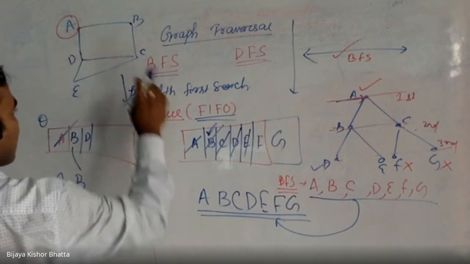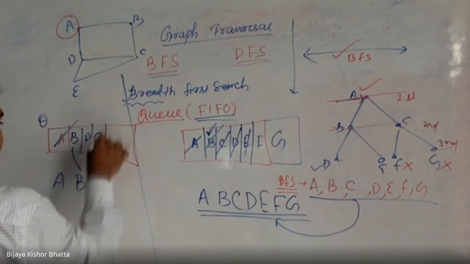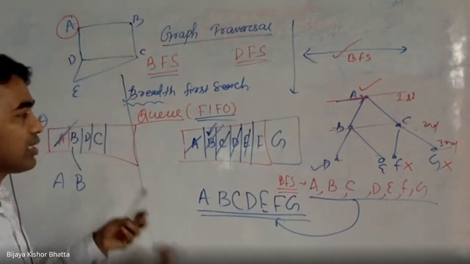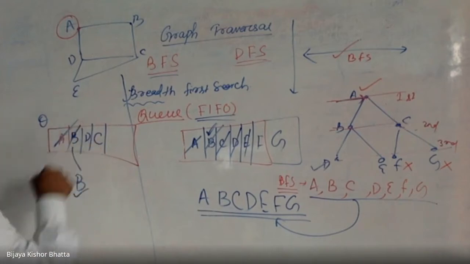C is a vertex which is not processed, so you first add C into the queue. Now B does not have any other further dependency, so B is ready to process, and now B can be processed.